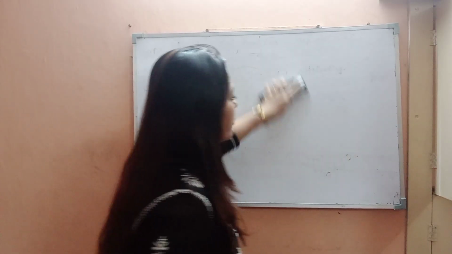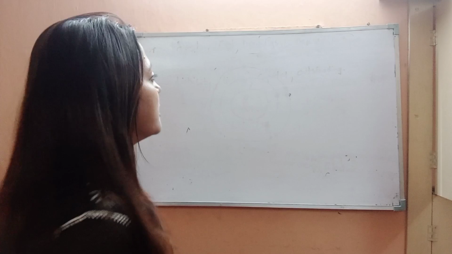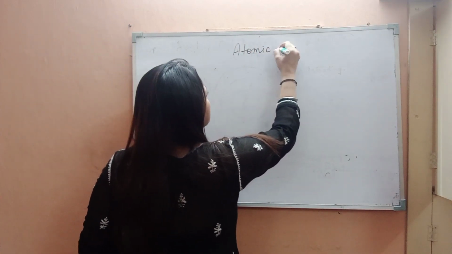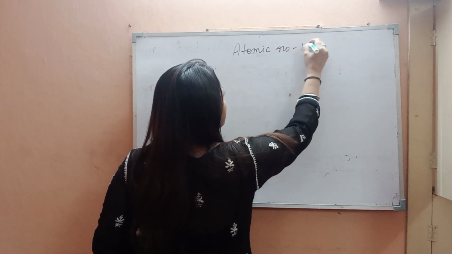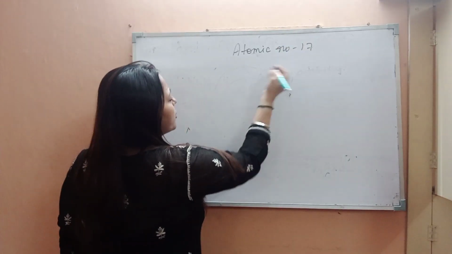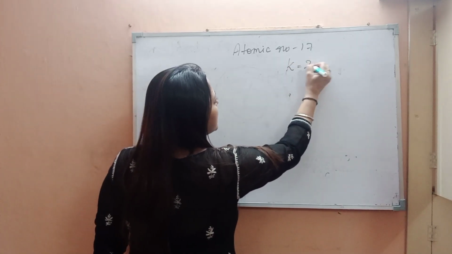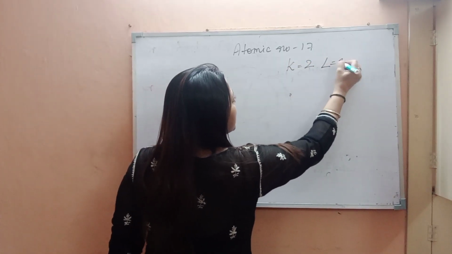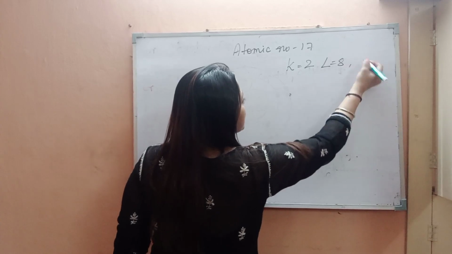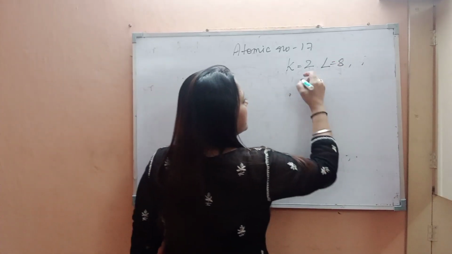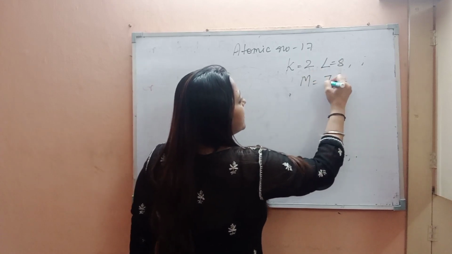Let's take the example of chlorine. Chlorine has atomic number 17. What is the electronic configuration of chlorine? K shell has 2 electrons, L shell has 8 electrons, and its last orbit, the M shell, has 7 electrons.